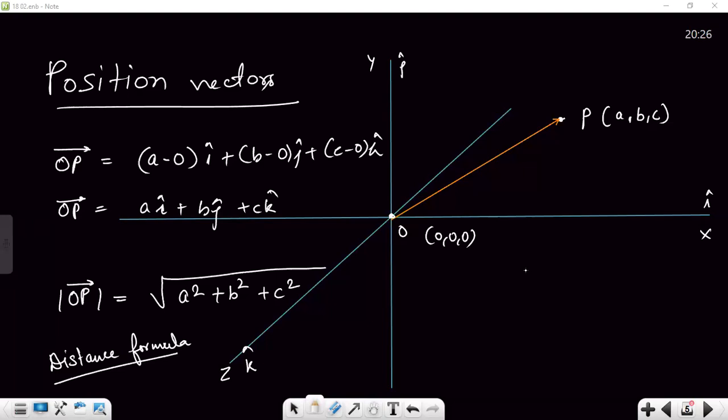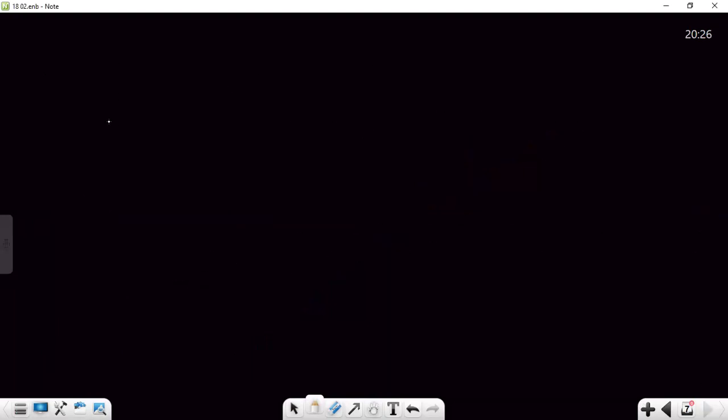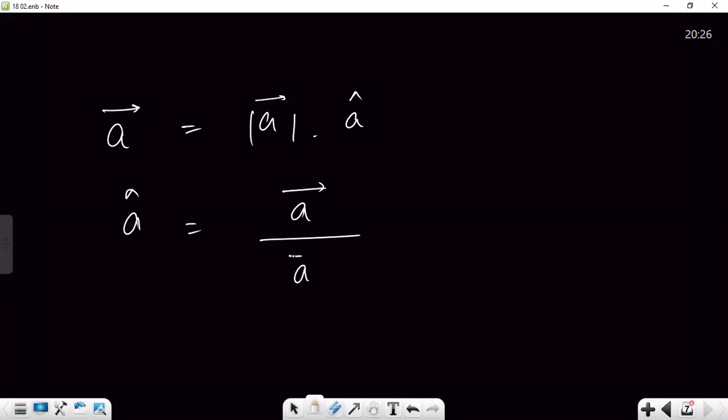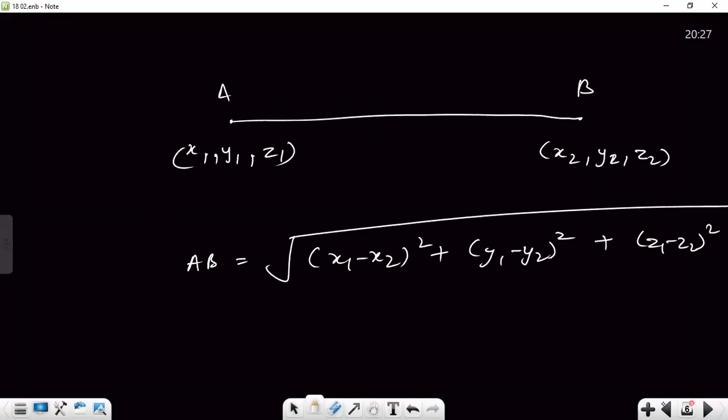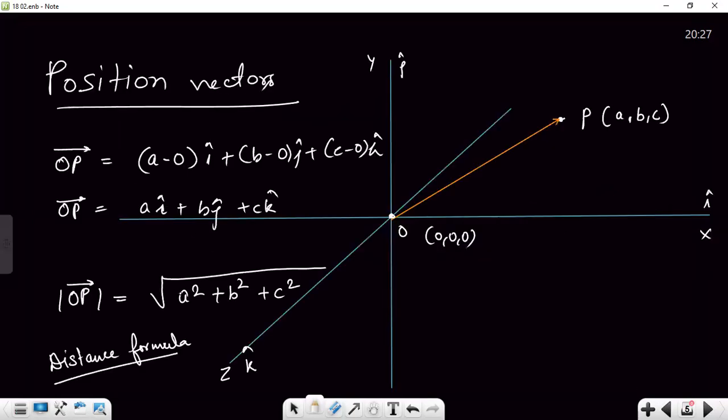But this time we are also moving in X as well as in Y and in Z. So the direction will be found out simply. As we have talked earlier, any vector includes its magnitude multiplied by its unit vector. So our unit vector will come out as the vector divided by its magnitude, which will give us the direction, the unit vector. Using the same concept, we'll find the unit vector here as well.